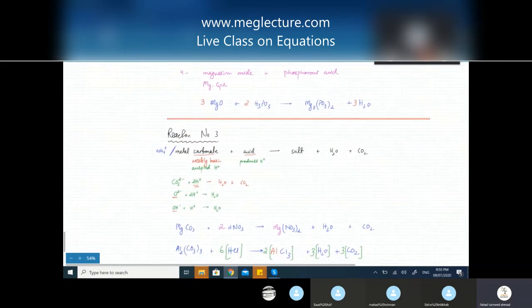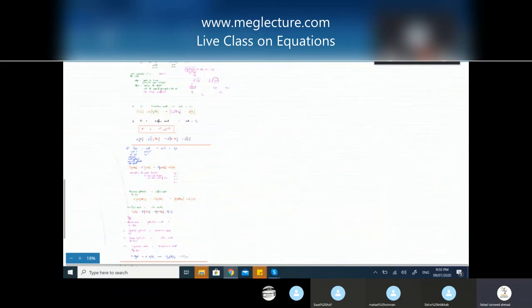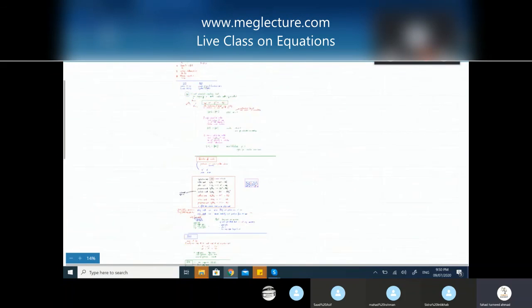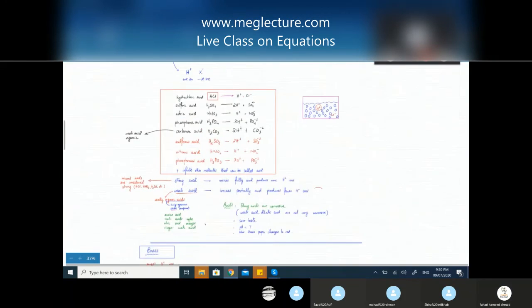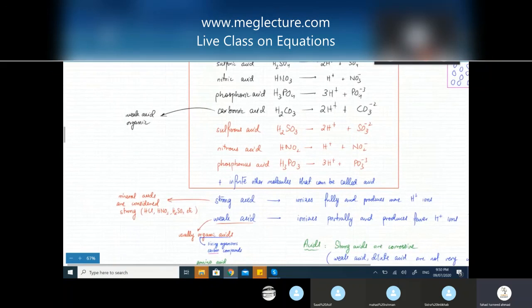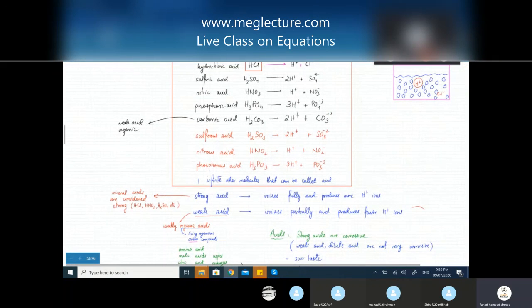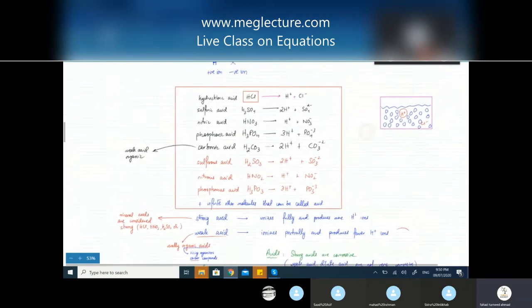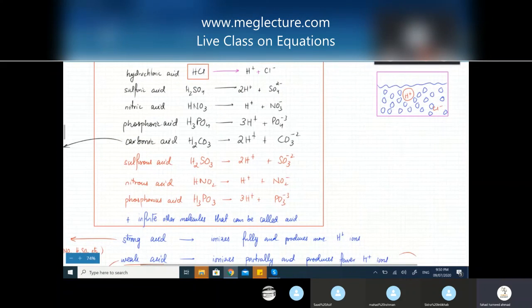Now the main thing is जिसके ऊपर focus करना है वो किधर है, table क्या है. The main thing is ये जो table है ना of acids, this table should be on your fingertips. ठीक है. अभी I'm assuming कि most of you might be looking at this table. ठीक है.